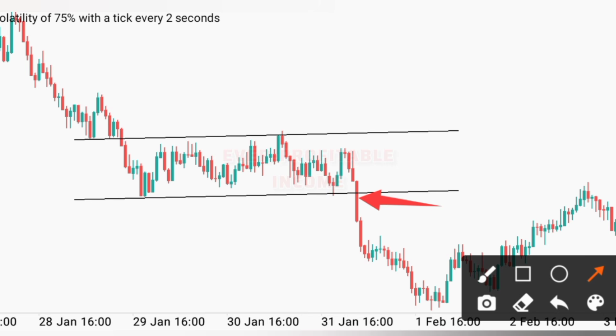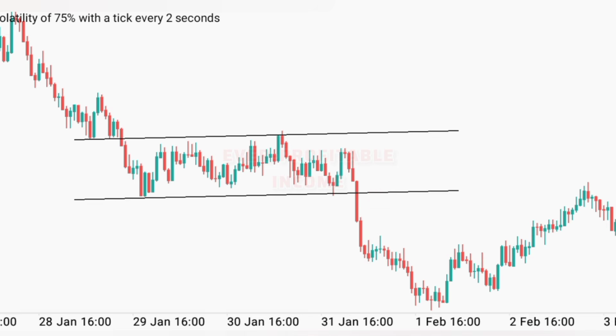You wait until it closes, and when it starts forming the next candle and that candle also appears to be bearish, you go in for a trade over here. You understand? So that is the momentum type of entry, or the breakout entry. You don't wait for a retest. Now, the second type of entry is a retest entry.